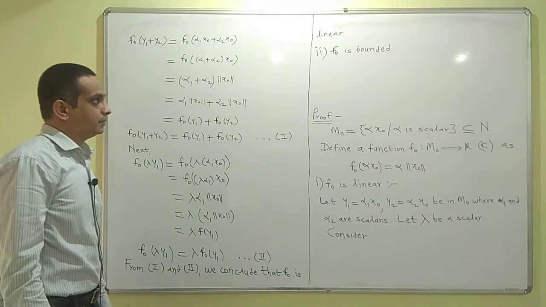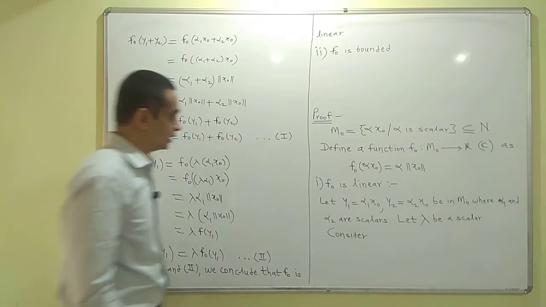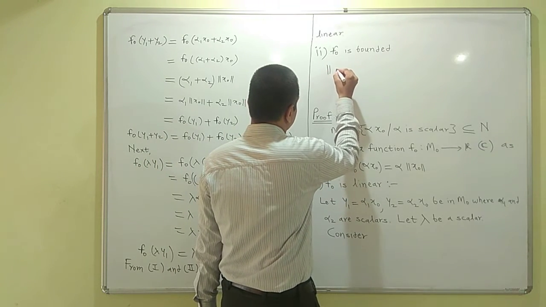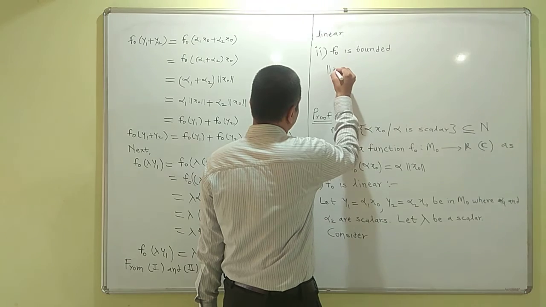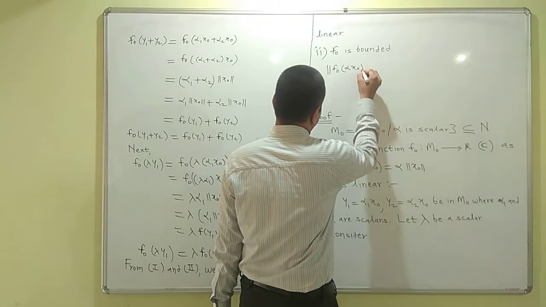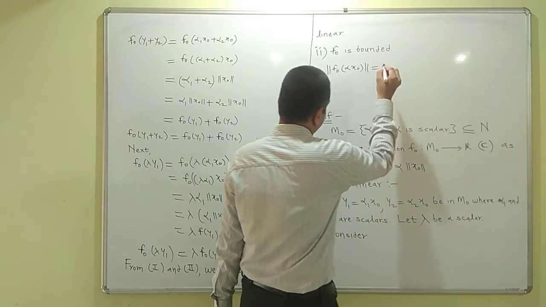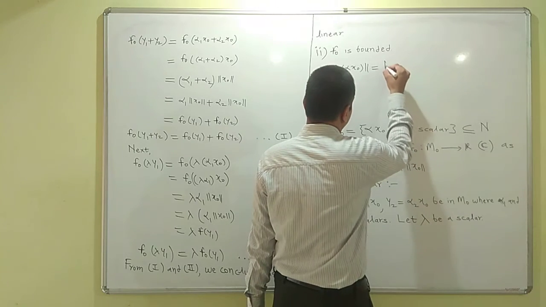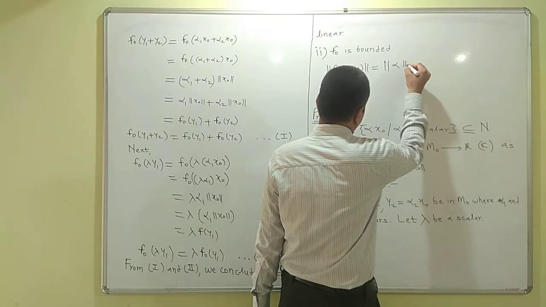So to prove that f0 is bounded, consider the norm of f0 of alpha x0. By definition, f0 of alpha x0 is equal to alpha times norm x0.